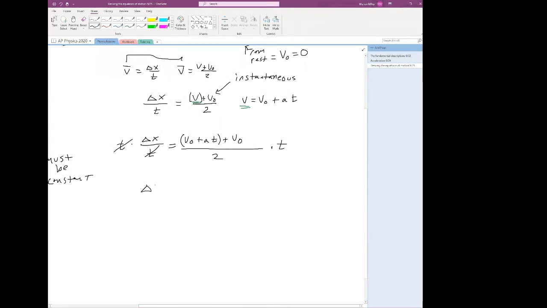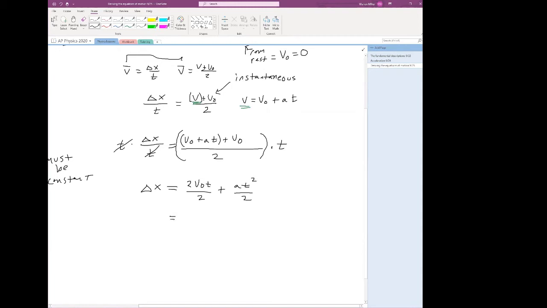So I get my change in position, delta x, is going to be equal to v naught plus v naught, which is 2v naught, divided by 2, plus, and there's a t factor: the t times the t across, 2v naught plus at times t, so that's at squared, divided by 2, right? I just distributed the t, because it's the t times all of this.